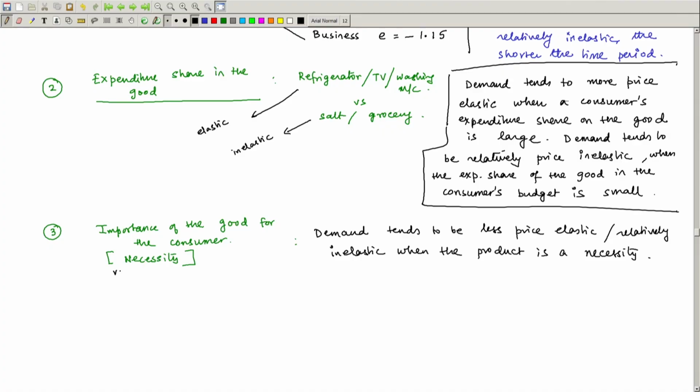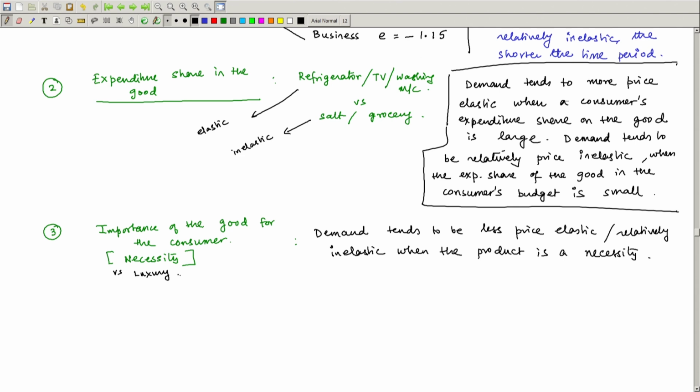Whereas, think of luxury goods, necessity versus luxury. Let us say a very expensive branded clothing, or a very expensive branded watch. These are not necessary items, so you are going to be relatively more sensitive to an increase in the price of the good. When the price of these goods increases, your quantity demanded is going to decrease.